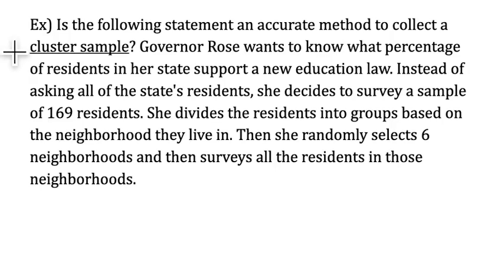Then she randomly selects 6 neighborhoods and then surveys all the residents in those neighborhoods. So yes, this is an example of a cluster sample because she's randomly selecting neighborhoods and then surveying all of the residents in each of those 6 neighborhoods.